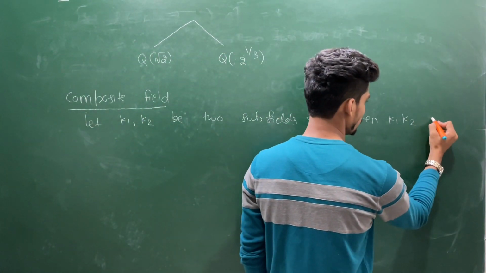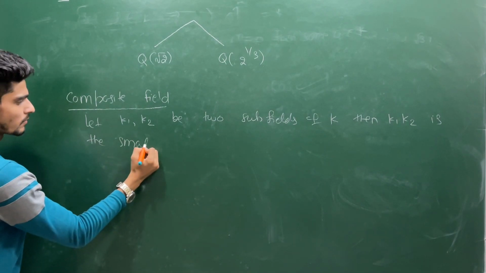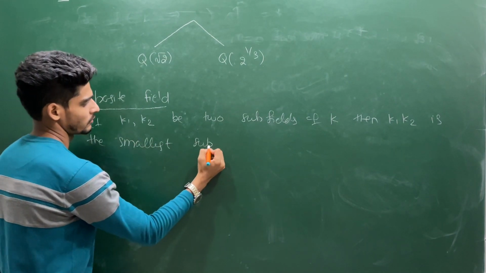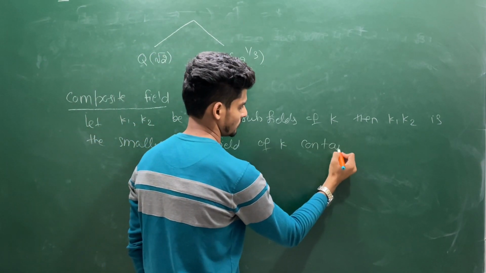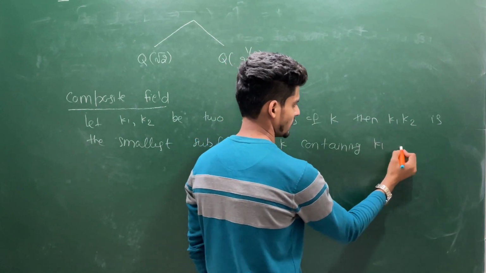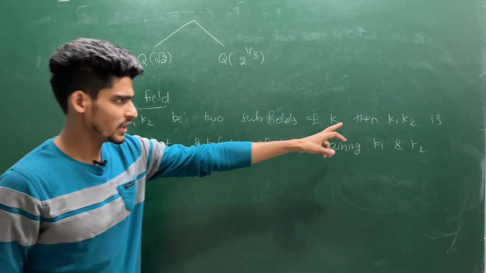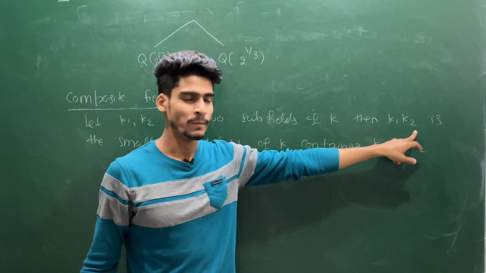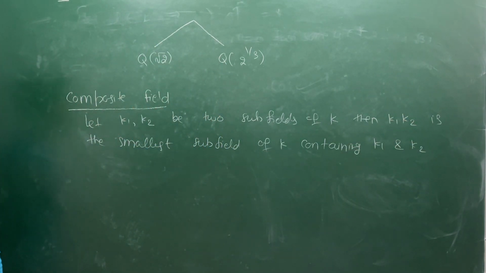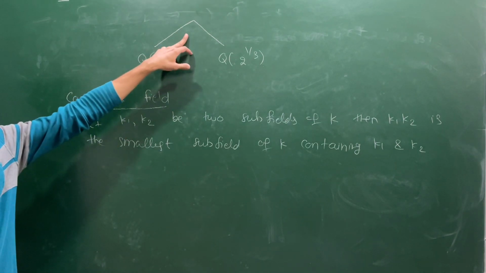Then K1K2 is the smallest subfield of K containing K1 and K2, or you can say you collect all the subfields which contain both K1 and K2, and then take the intersection of these fields. Then you will get the smallest subfield of K which contains K1 and K2. So what should be the answer here?